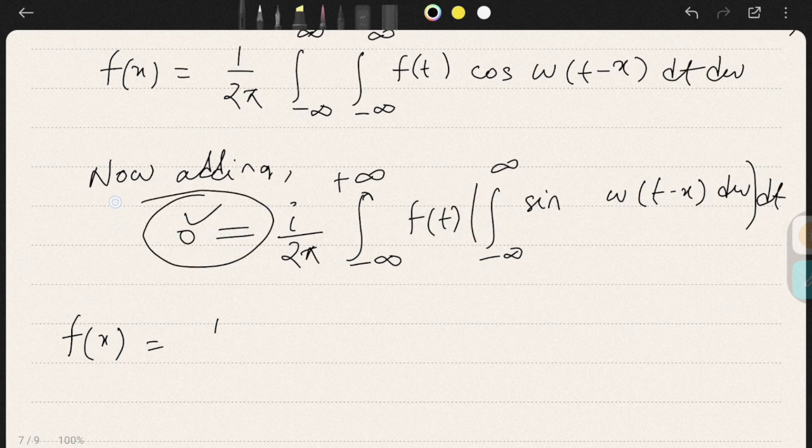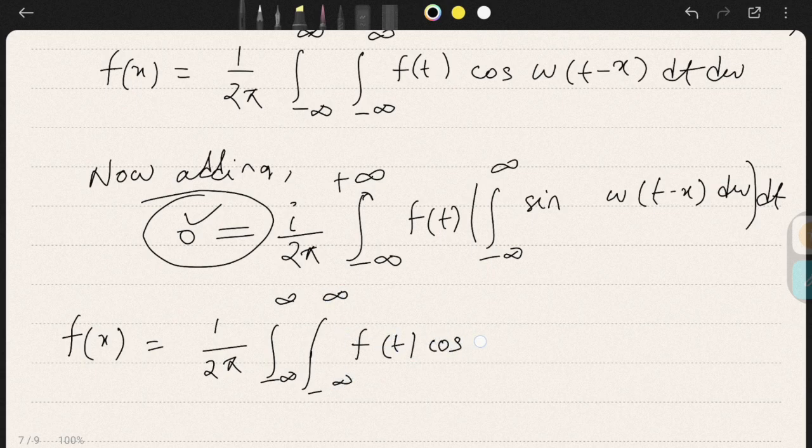So whatever you add on the right-hand side doesn't matter, the formula remains the same. So let's write it by adding it: minus infinity to infinity f(t) cos omega (t minus x) d omega dt.